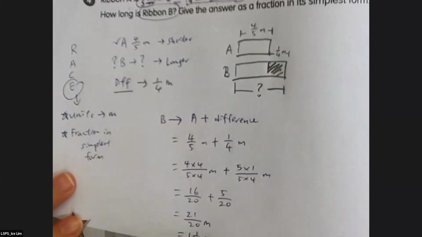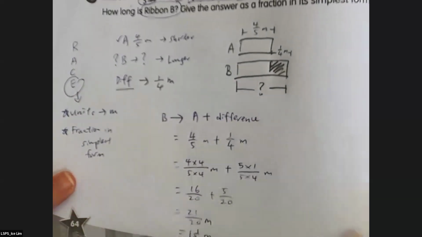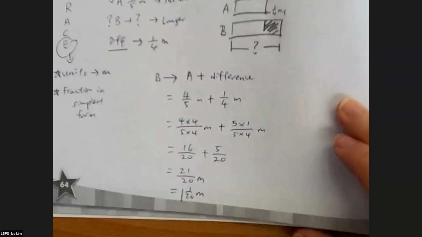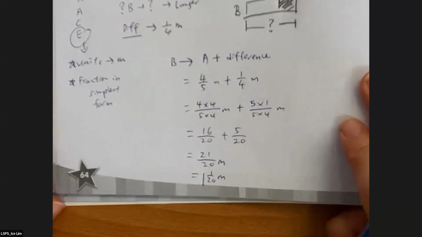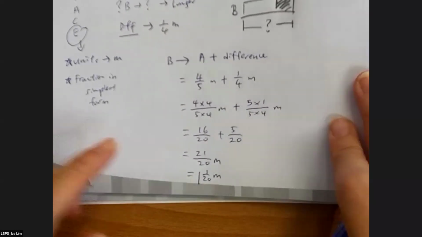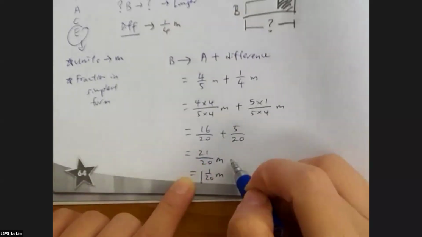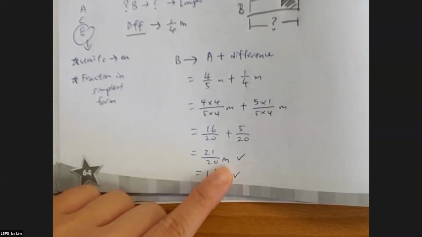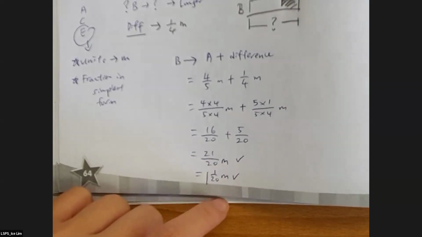Is it difficult? Quite easy, right? So this Friday test will include these 2 pages on addition, subtraction of fractions. 21/20 is also acceptable, this is an improper fraction. Also acceptable.